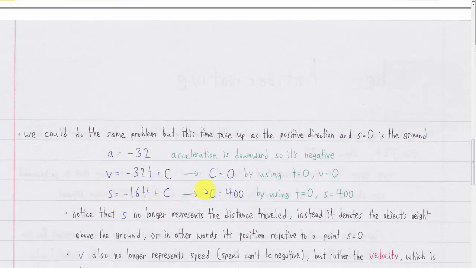It denotes the object's height above the ground, because we took the origin of the coordinate system at the ground. So when t equals 0, s equals 400, which means it's 400 feet above the ground, which is s equals 0. So this function denotes the object's position relative to the origin of a coordinate system, which is at the ground.